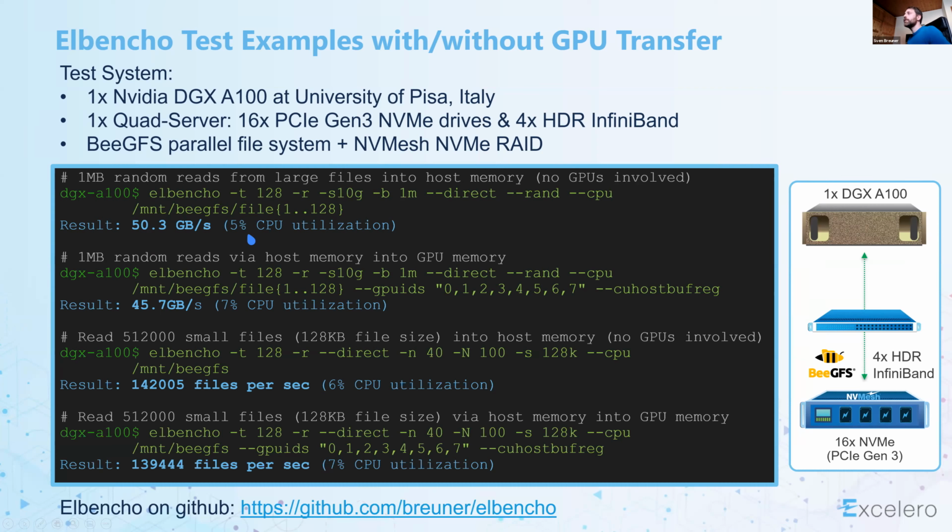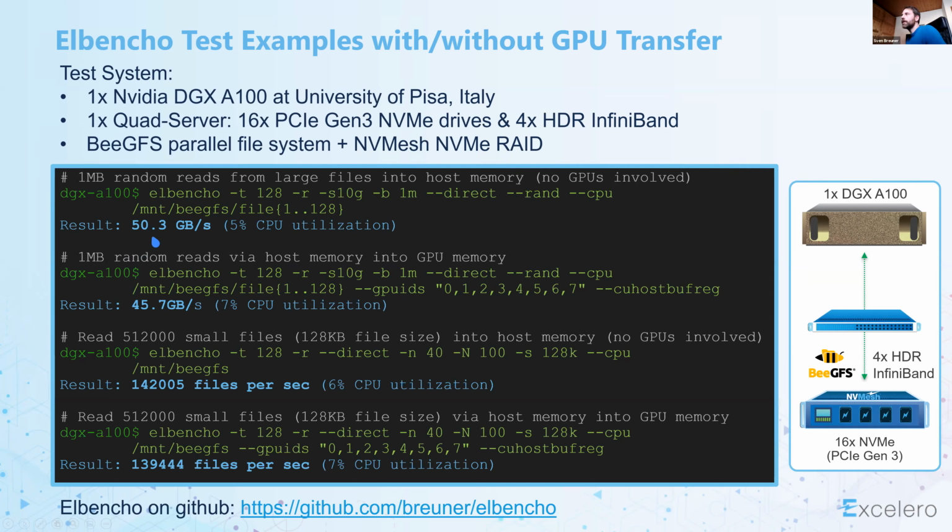The next interesting question is, of course, will it be the same when you actually want to forward the data into the GPU memory? Because that's where you actually need the data in the end. So elbencho also supports that. You just provide the CUDA IDs of the GPUs. There are 8 GPUs in total in a DGX A100, so we have the 8 IDs here. And what you can see is that there is a bit of a difference between the two results.